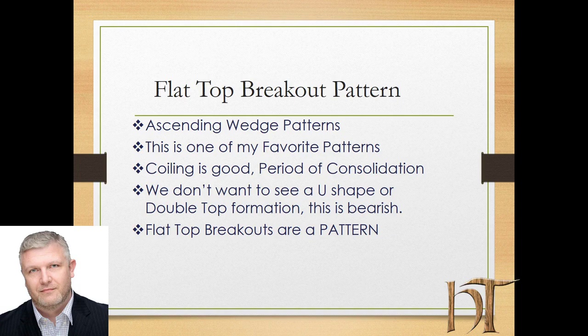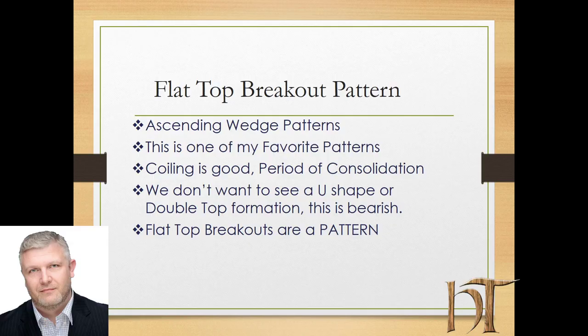So, the flat top breakout pattern. This pattern is an ascending wedge, okay, and I'll show you a couple of these in just a second, some examples so that you can see these ascending wedges. Ascending wedge is a stock that's recently popped.